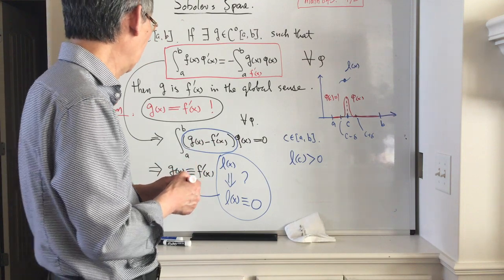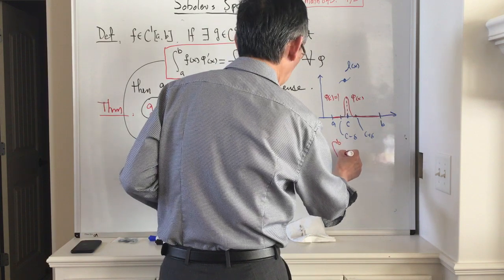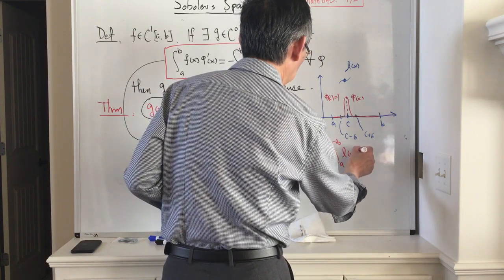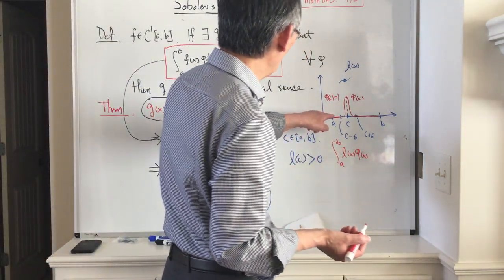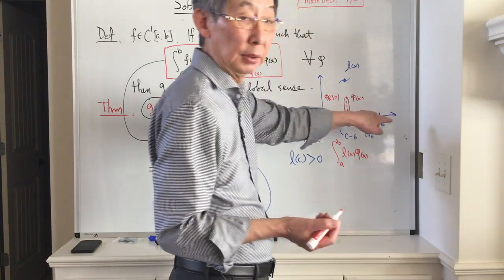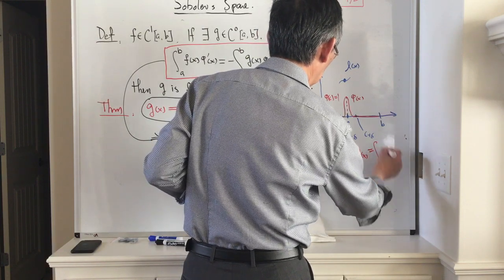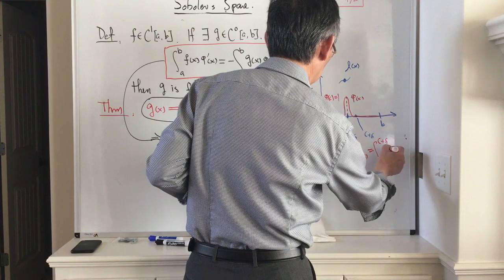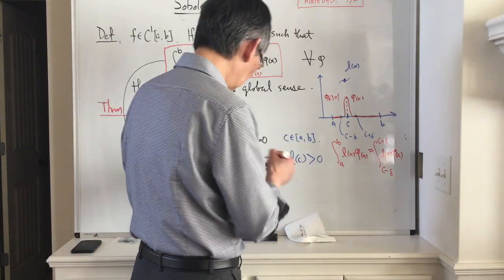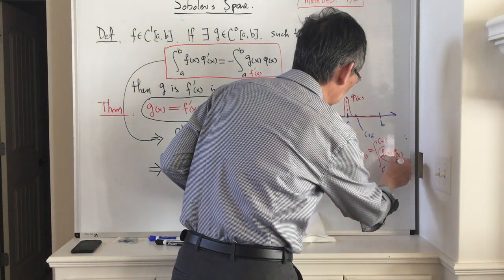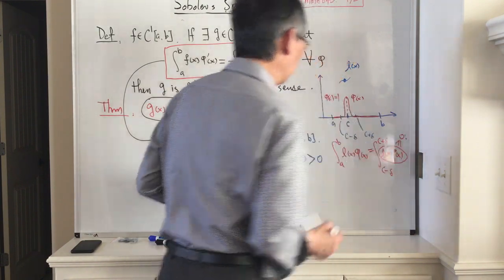Now once I have this phi, I know that the integral from a to b of L(x) times phi(x) is equal to 0, right? Now because this phi will be equal to 0 outside of this small interval, this integral reduces to the integral from c minus delta to c plus delta of L(x) times phi(x). Then you can see that the integrand is now non-negative. It's greater than or equal to 0.